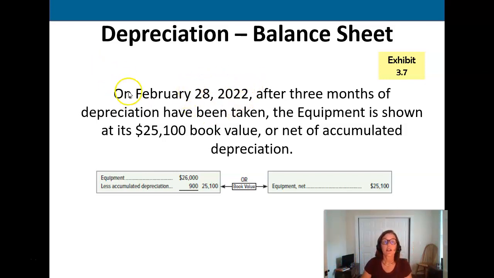Our balance sheet is going to show, we're still going to show the original equipment cost, but right under that, we are going to show less, in other words, subtracting accumulated depreciation to get what's called our book value. So if anyone says, what's the book value of your equipment, you're going to look at the cost but subtract out the depreciation, and in this case the $25,100 is what our book value will be.